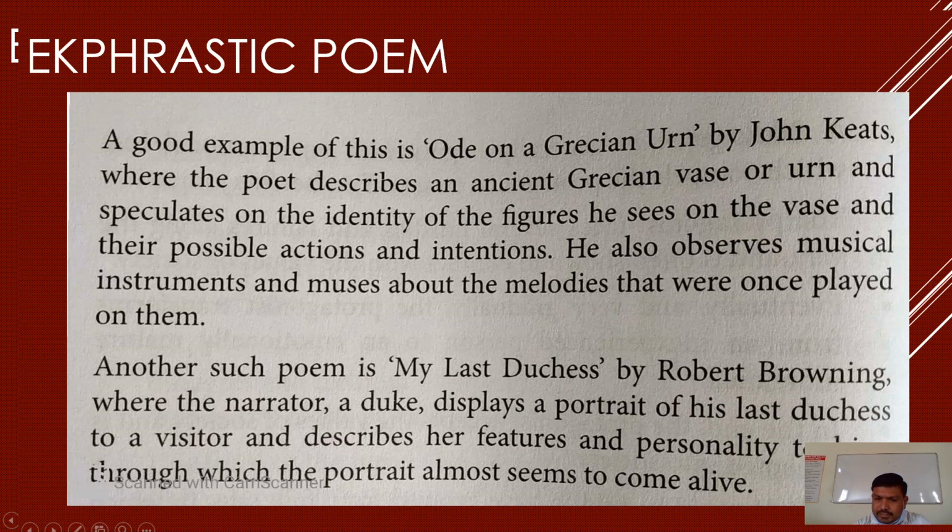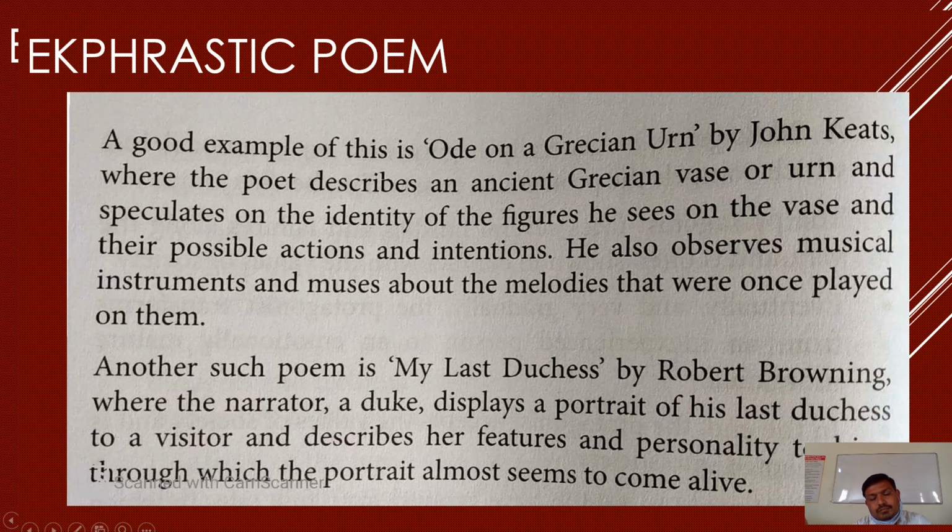In My Last Duchess, a statue is there of that duchess, and in Ode on a Grecian Urn, a pot is there, a historical pot presenting ancient history, Grecian history and Grecian culture.